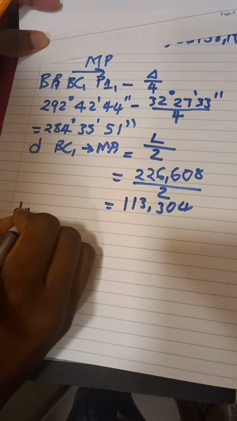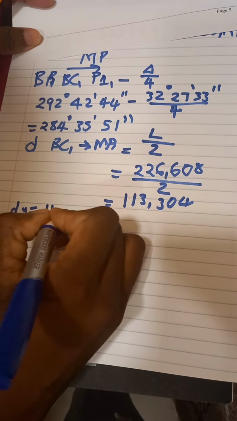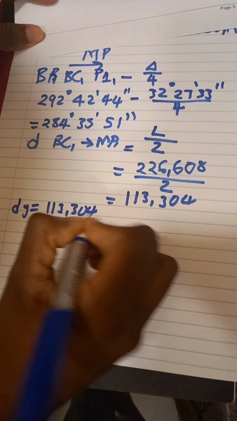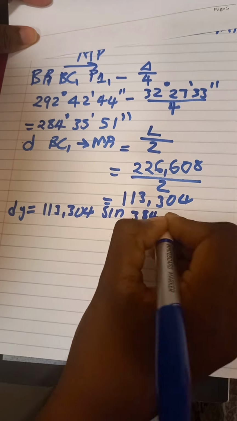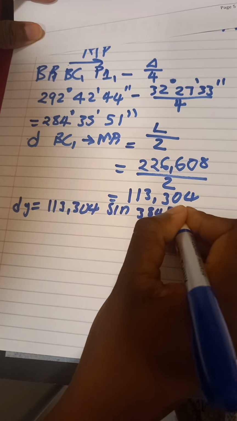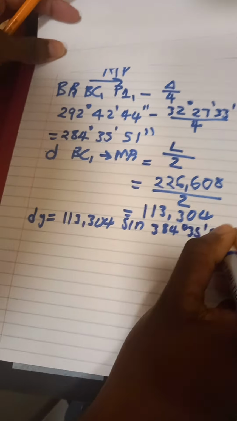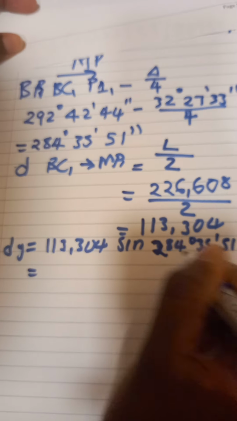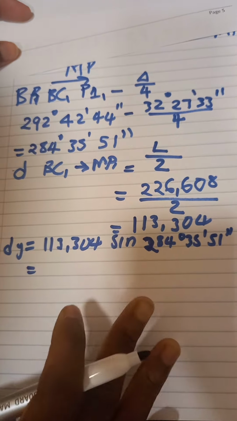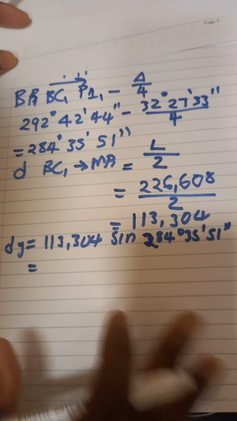Your dy is the distance, 113.304, sine the bearing. The bearing is 284 degrees 35 minutes and 51 seconds.